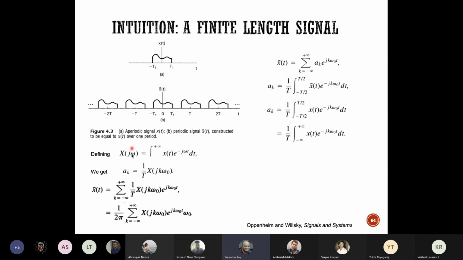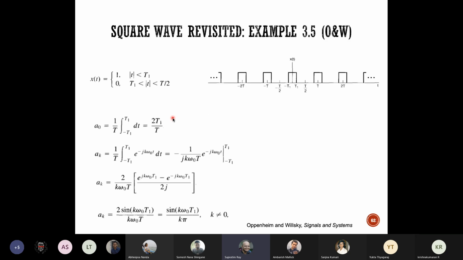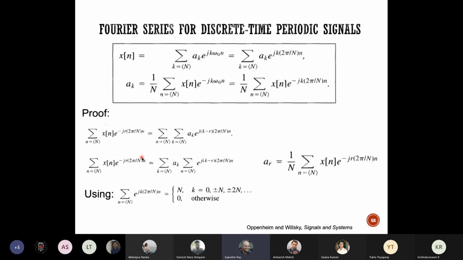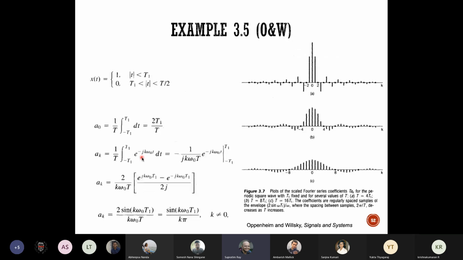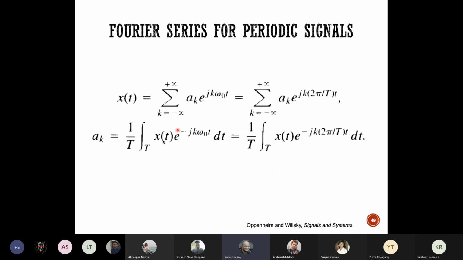So based on this definition, if I now look at this periodic continuous signal and ask what is the Fourier series coefficient of this, that is going to be given by this formula here. It's easy to get lost in these things. It's the same, but it's at a particular frequency, k omega naught.